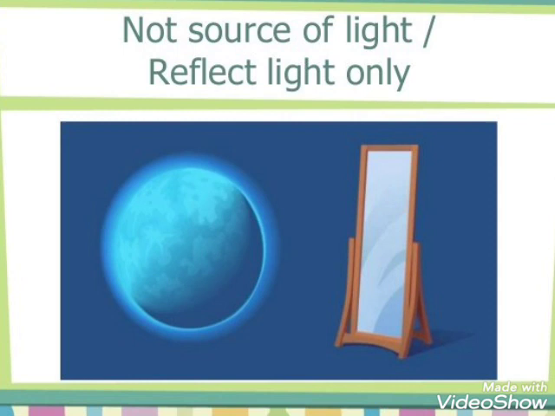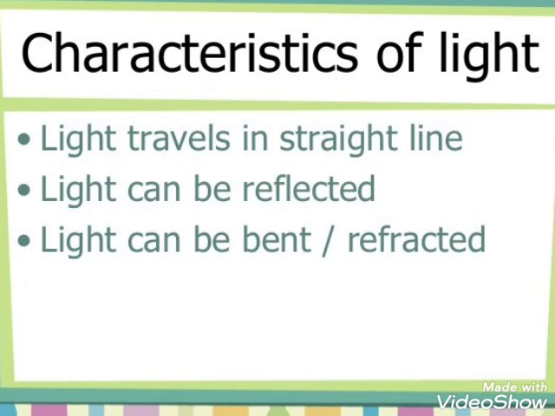These can be classified as luminous and non-luminous objects. An object that gives out its own light is called a luminous object, while an object that does not emit light of its own is known as a non-luminous object.